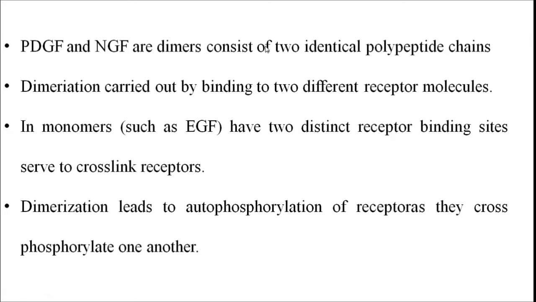They have two distinct receptor binding sites which cross-link the receptors. Dimerization means autophosphorylation so that they can cross phosphorylate one another. So if phosphorylation is there on one polypeptide chain, it will carry out the phosphorylation on another polypeptide chain.